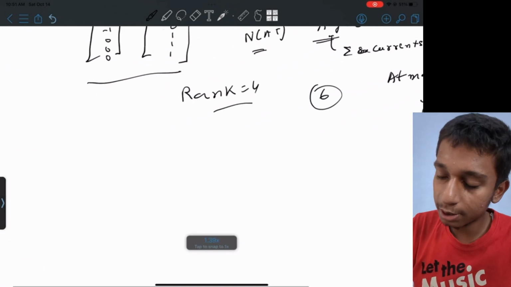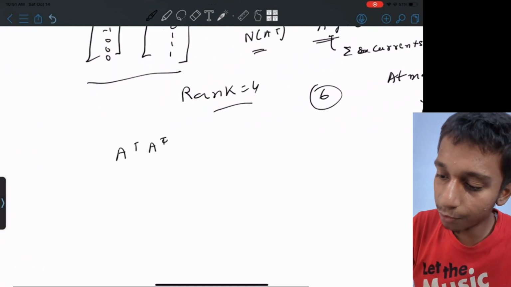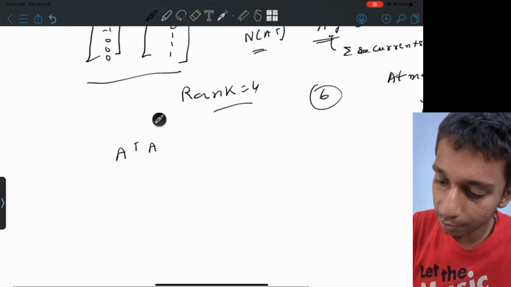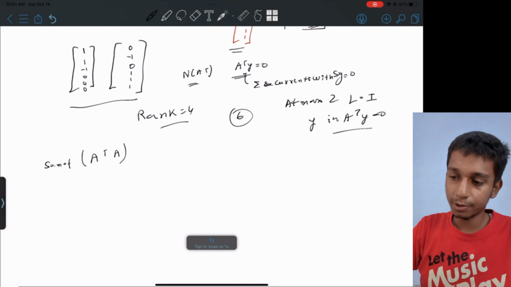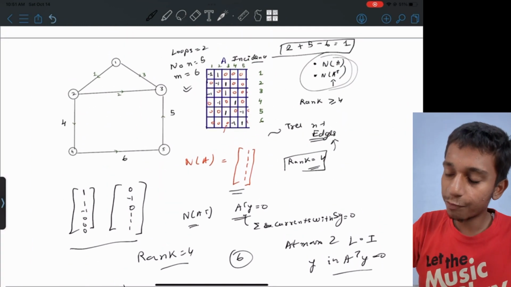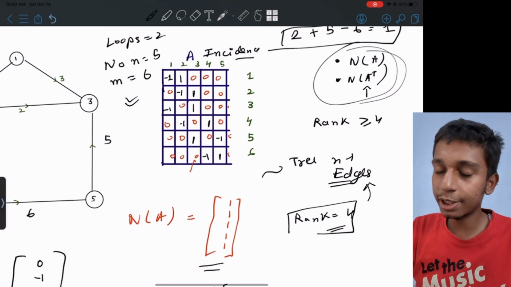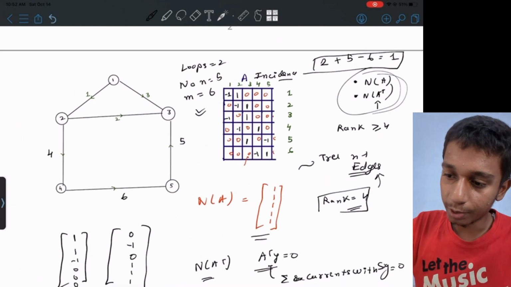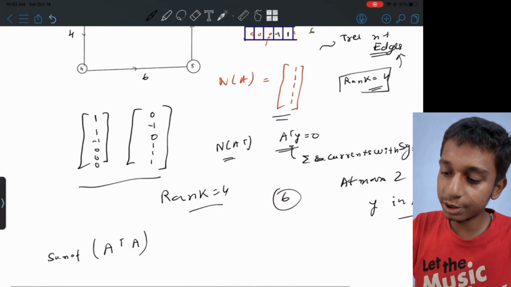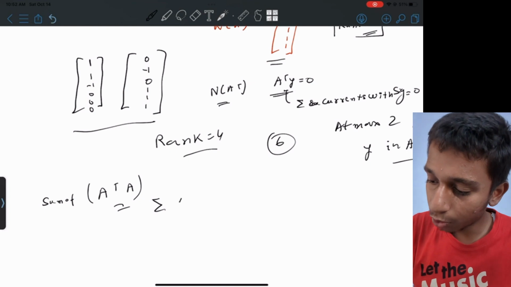Let me ask, here is another interesting question. What is the value of the sum of entries of A transpose A? If we look at the value of the A matrix and A transpose A, we find that A transpose A is just the sum of dot products of the corresponding vectors.